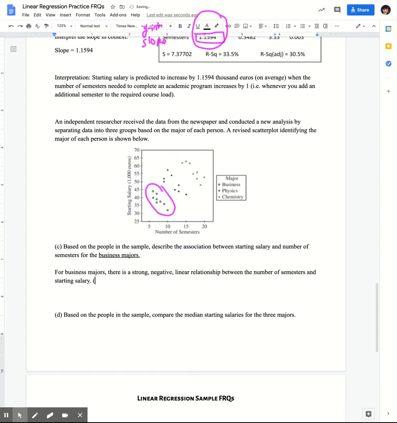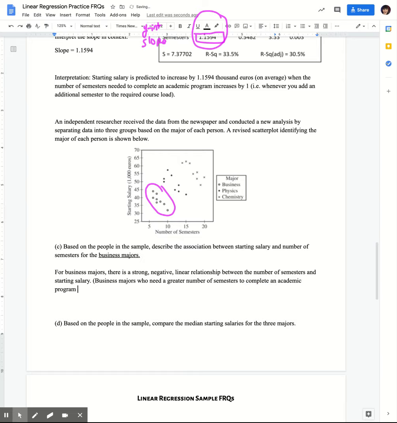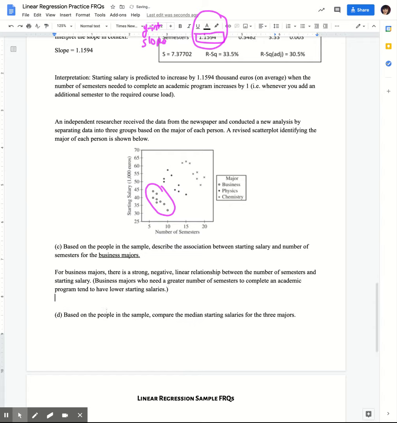Okay, in layman's terms, that means business majors who need a greater number of semesters to complete an academic program tend to have lower starting salaries, which I think intuitively makes sense to us, right?